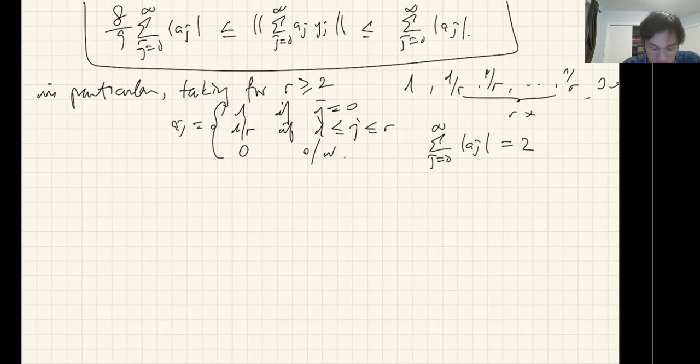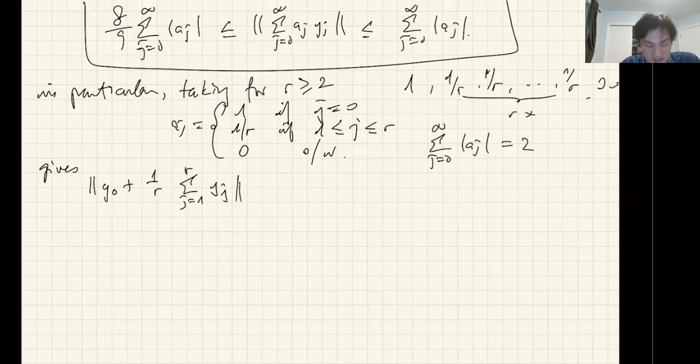So when you apply what we have up there, we have y0 plus 1 over r times the sum of yj, j equals 1 to r. That's just saying y0 times 1, and all the yj's times 1 over r, it's not to infinity, it's only to r.